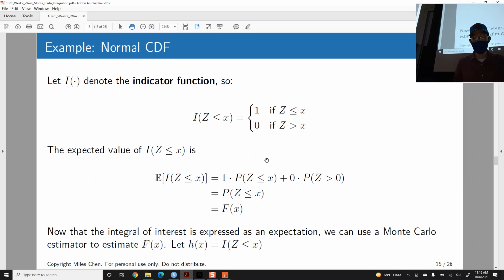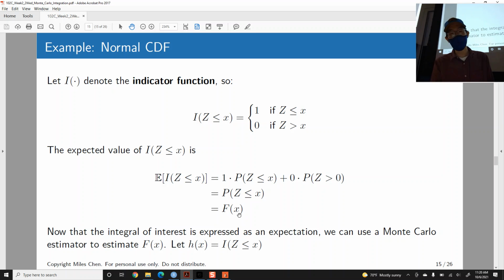And so if z is a standard normal random variable, then the expected value of this thing is going to just equal the CDF, right? So if z is a standard normal, then the CDF of the standard normal is the function that we want, and we can say the expected value of this indicator function is going to be equal to the standard normal CDF.